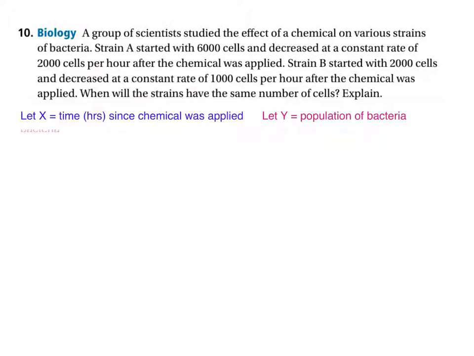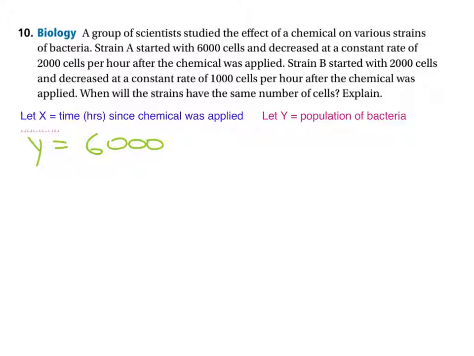Well, for strain A, because we're looking for the time when the populations are the same, y, the total population, will equal 6,000 cells at the start.